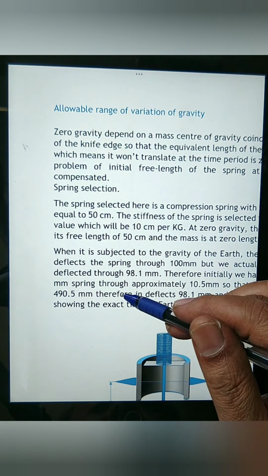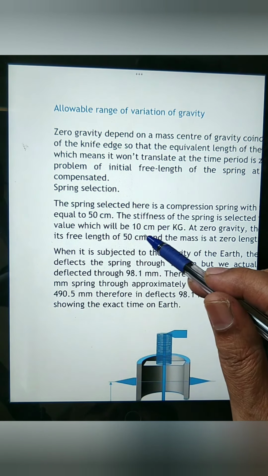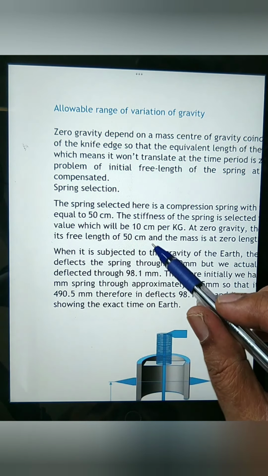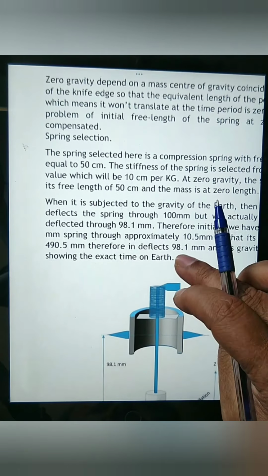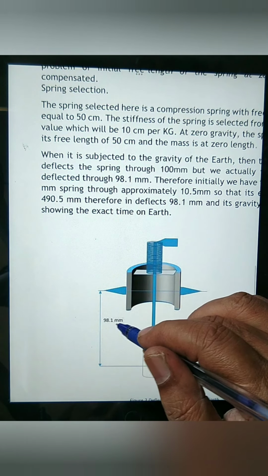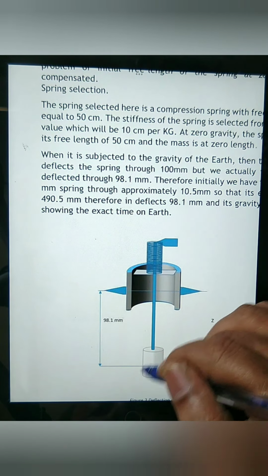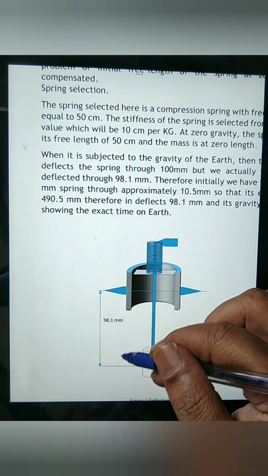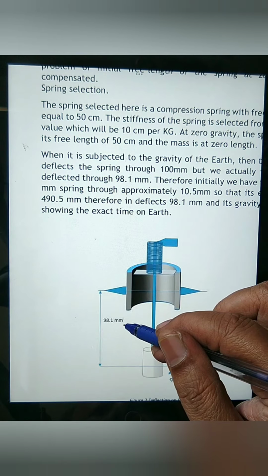When we do that, the stiffness of 50, that is 10 centimeter per kg, will reduce to 9.81 centimeter per kg or 98.1 millimeters per kg, and since this is 1 kg under gravity on earth, it stretches automatically to 9.81 millimeters.